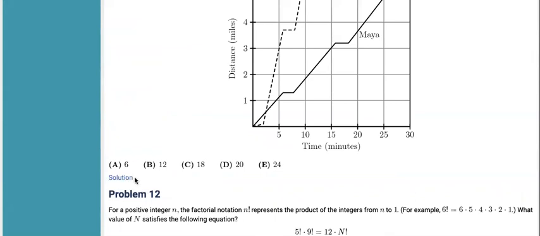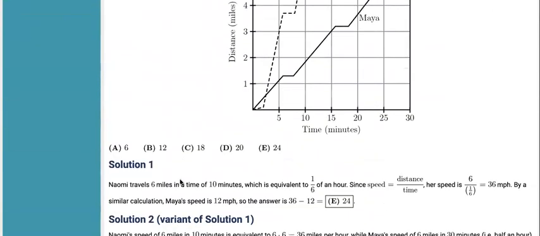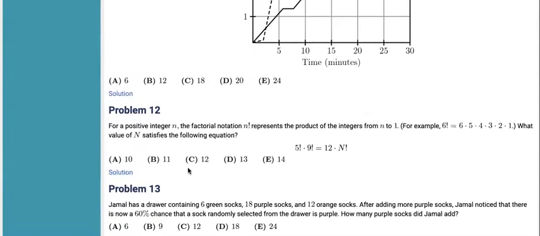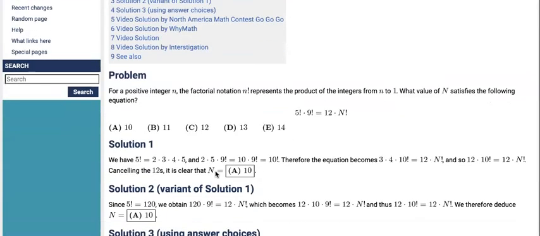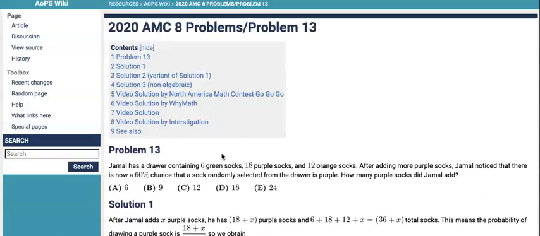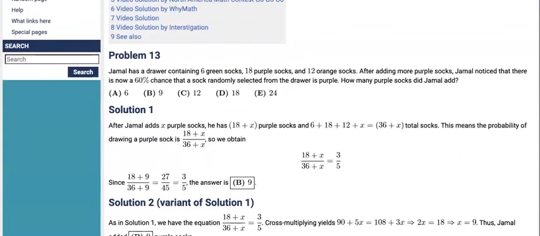Yeah. Should be E. Okay, we said 10 for this one. A. This isn't really a problem. 13, what did we say for this one? We said Jamal puts 9 purple socks. So it should be B. Yes.